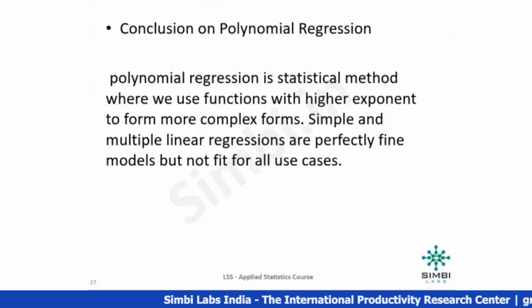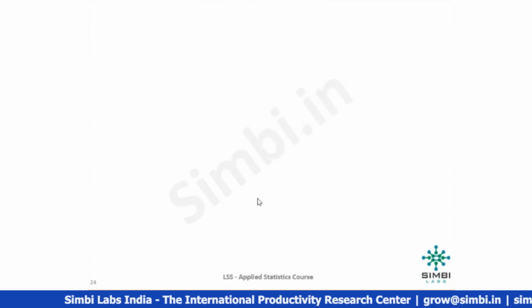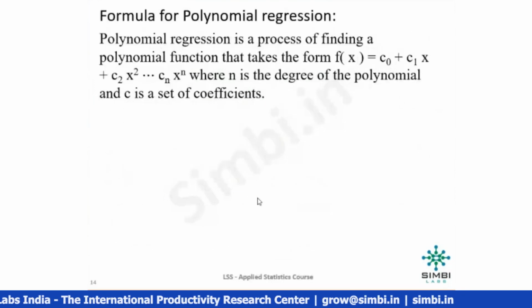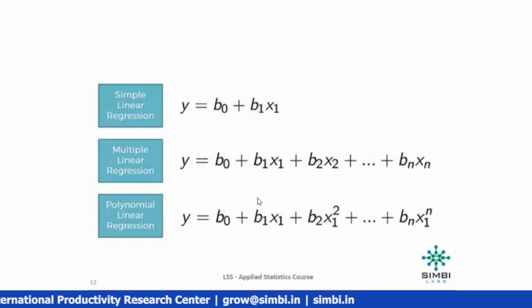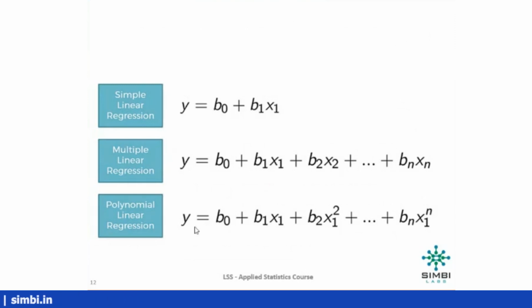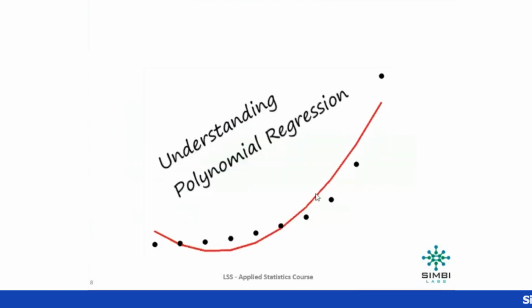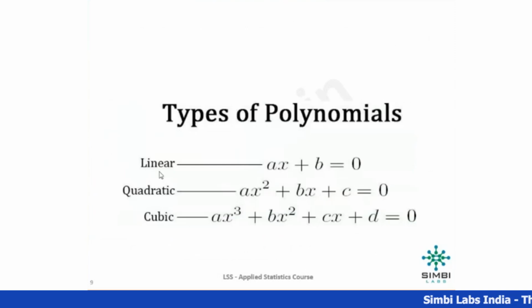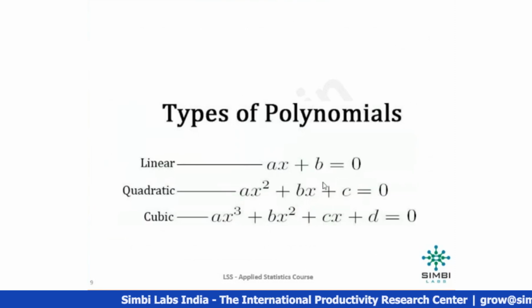In the same way as we saw how to find the values in linear regression, y equals b0 plus b1 into x1, it works the same way for polynomial regression. The types of polynomials are linear, quadratic and cubic. According to the given data, we will apply these types of polynomials in the problems.